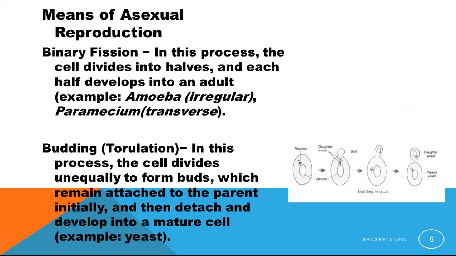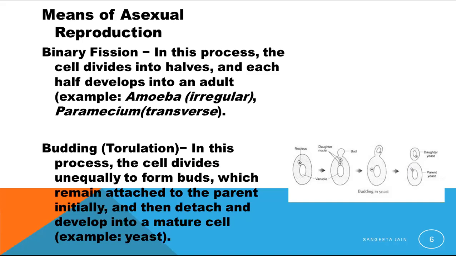Asexual reproduction occurs in the following ways. Binary fission: in this process, the cell divides into halves and each half develops into an adult. The parent cell is the most important part.